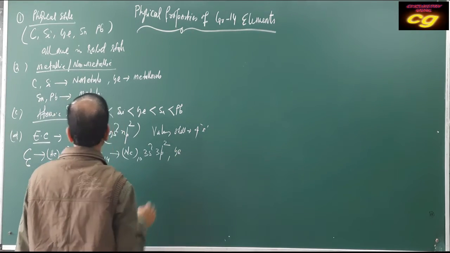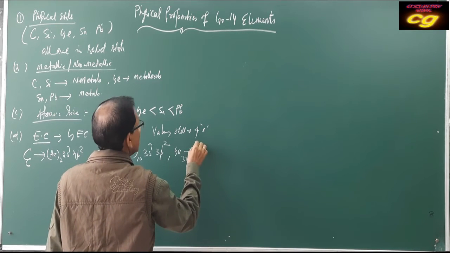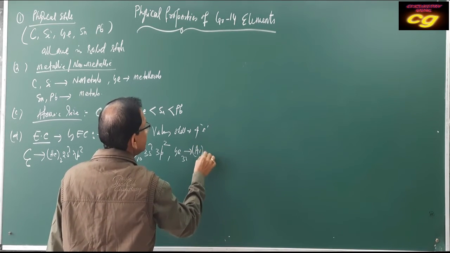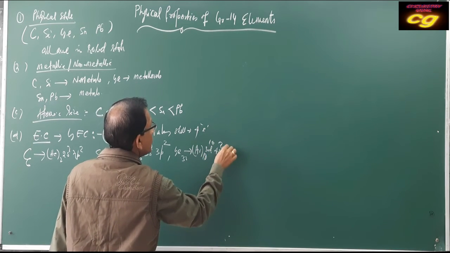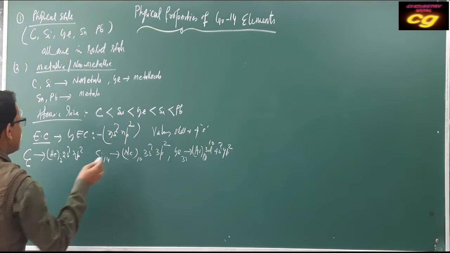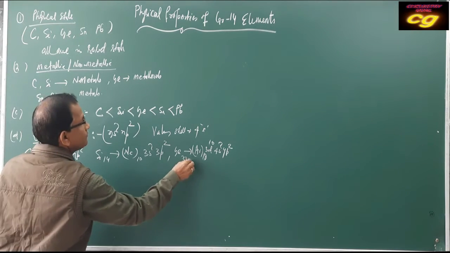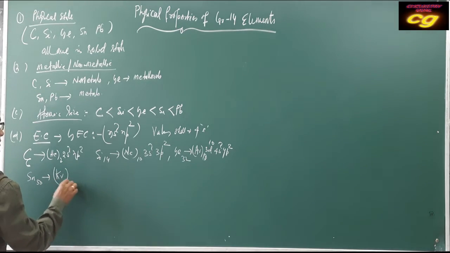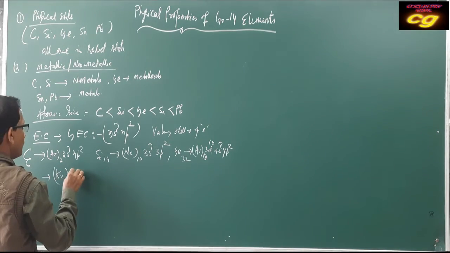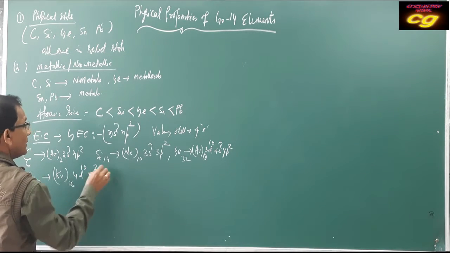Germanium, 32, can be written as argon 18, 3d10, 4s2 4p2. Tin, 50, can be written as krypton 36, 4d10, 5s2 5p2.